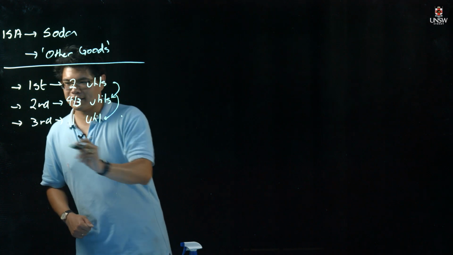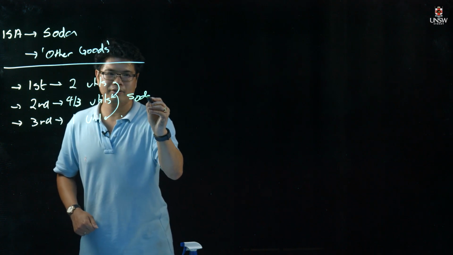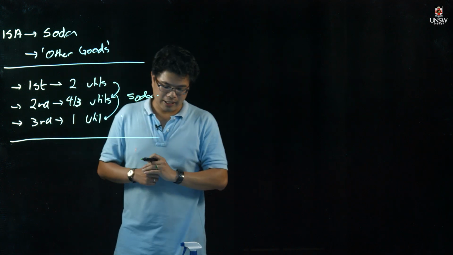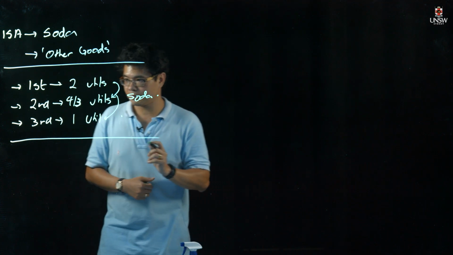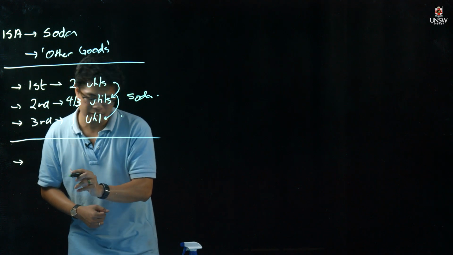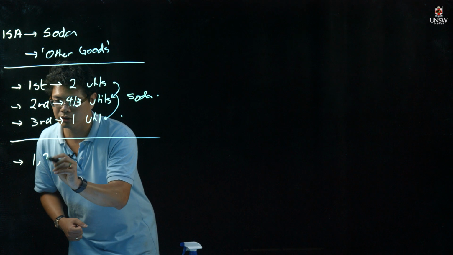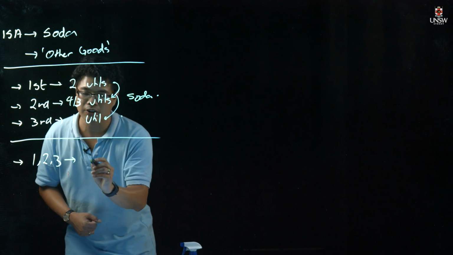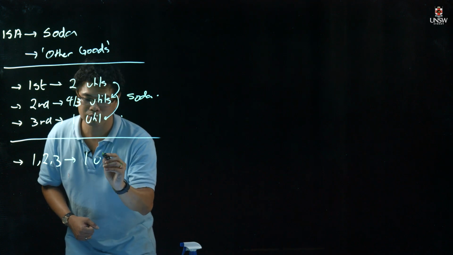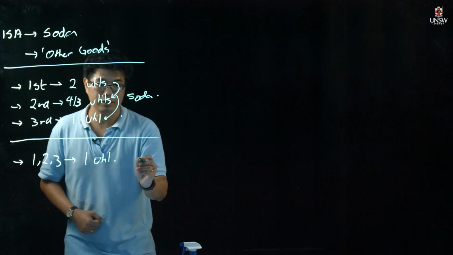So that's soda. Now, for the other good, again, let's simplify the analysis. Let's say that all the other goods are nice and healthy. So for 1, 2, 3 units of other goods, she always receives 1 util.